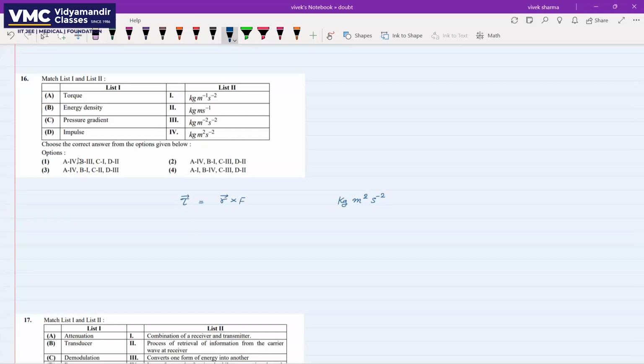Energy density, represented by small u, is energy per unit volume. Energy is again kilogram meter square second raised to power -2, and volume is meter cube. So it will become kilogram meter inverse second raised to the power -2.